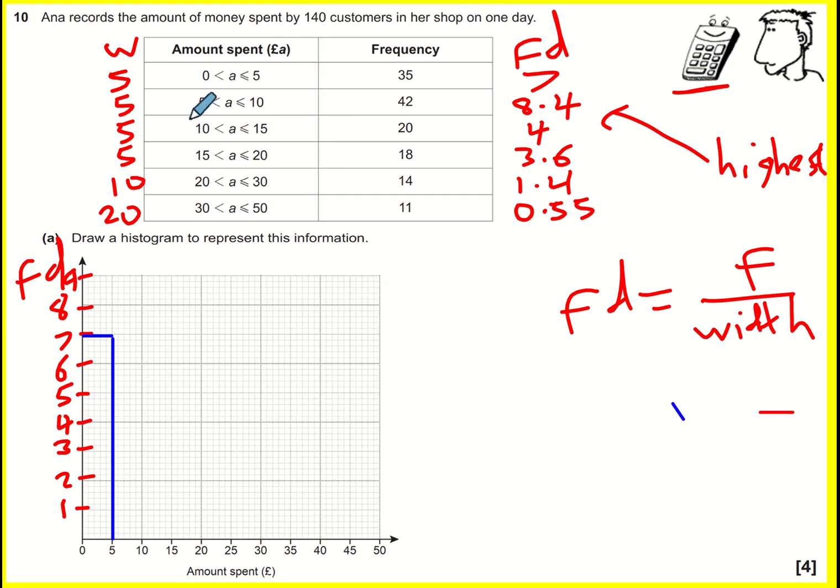Next, it goes up to 8.4. So each little square is going to be 0.2 because I've got 5 squares per one. You should be able to draw more accurately than me using this computer. Okay, then I know it goes to 4.